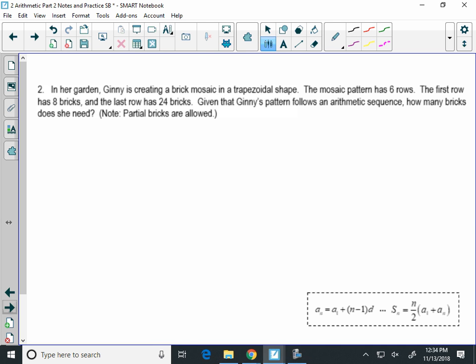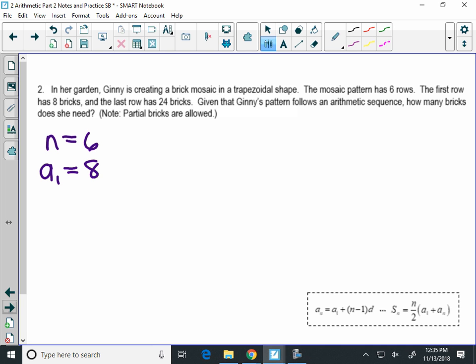So what information have I already gone over? If this one says 6 total rows, what do you think the 6 is going to be? The n. N is going to be 6 here. There's 6 rows, 6 terms in your sequence. Like each term in the sequence would be the bricks in a row. The first row has 8 bricks. So what does that give you? A1 is 8.